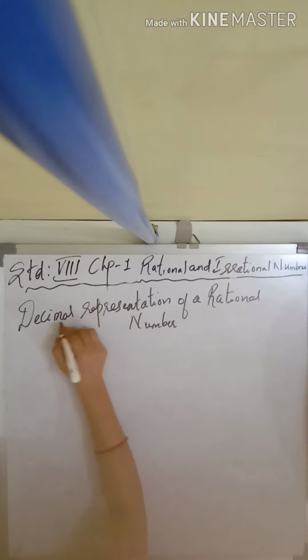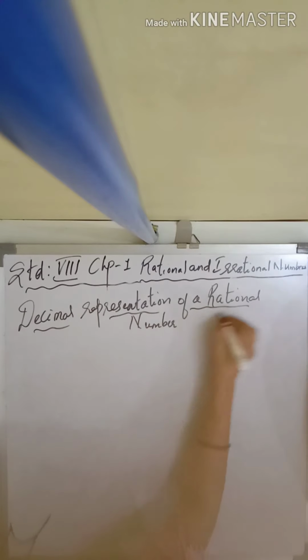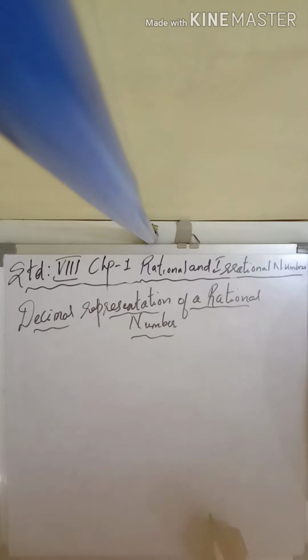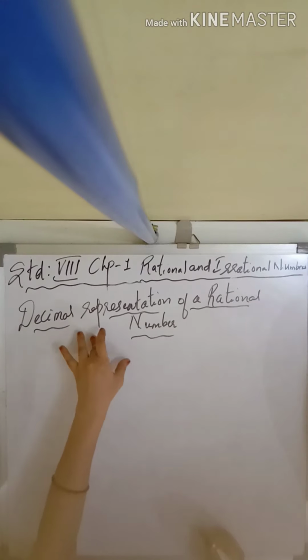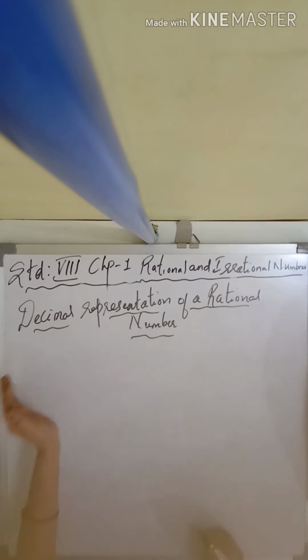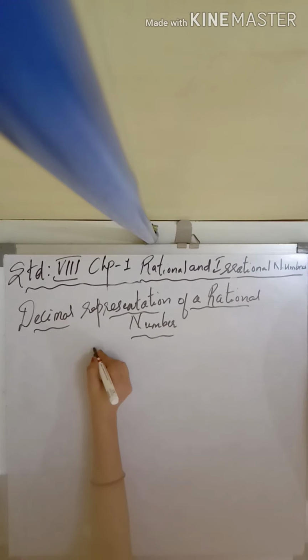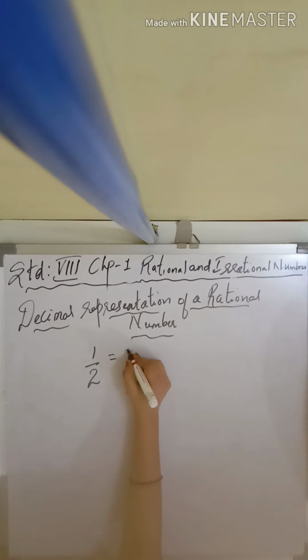Okay. Now this decimal representation of a rational number, what does this topic mean children? As you can read the topic, decimal representation of a rational number, that means you are representing the rational number in a decimal form. Say for example, if we take 1 upon 2, this can be written in decimal as 0.5. Yes or no?